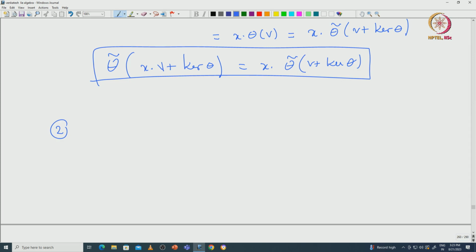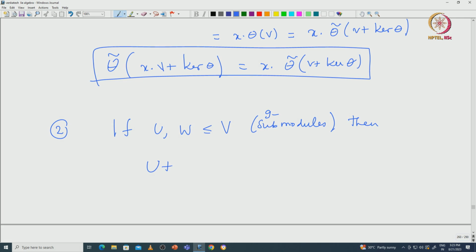So, what is the second statement? If U and W are submodules of V, again G submodules, then we can talk about these various spaces.